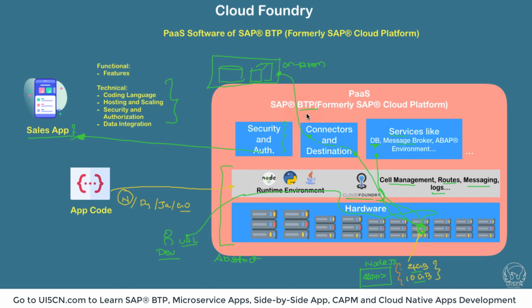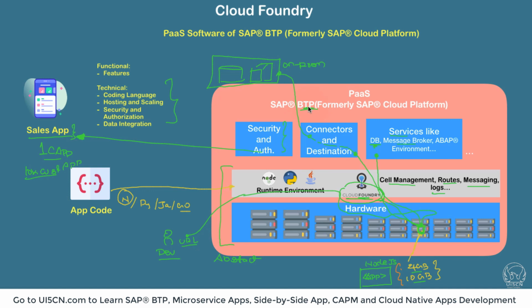With the help of SAP BTP and using the Cloud Foundry environment, it can be done pretty easily. And this entire process is the same whether you want to create one custom application or 10,000 custom applications. That is the reason for the use of Cloud Foundry inside SAP BTP, which is the platform as a service environment of SAP.